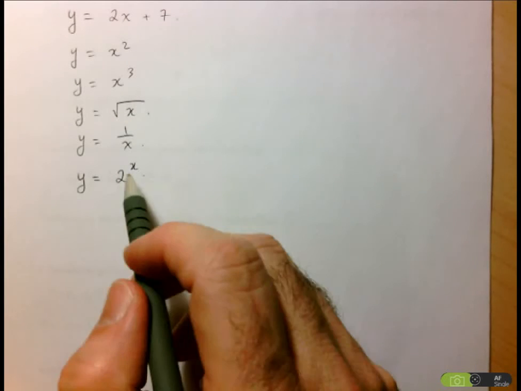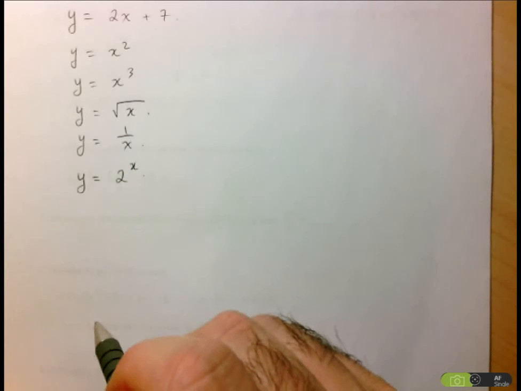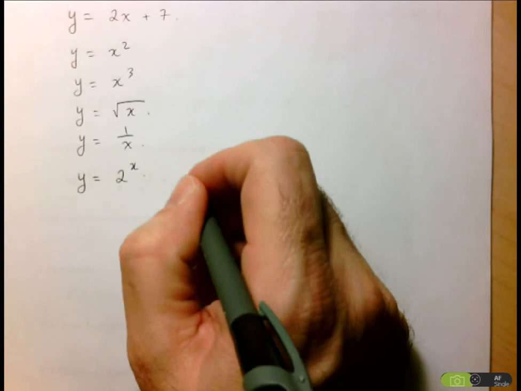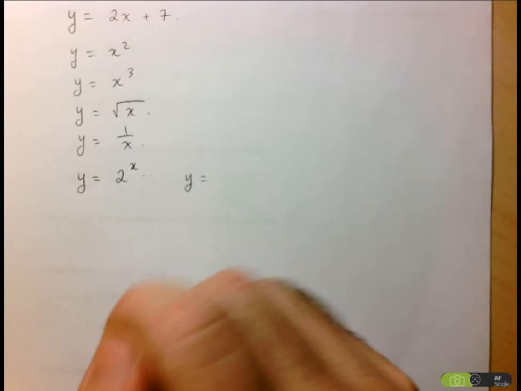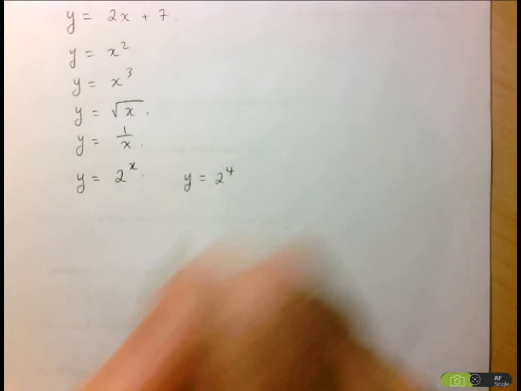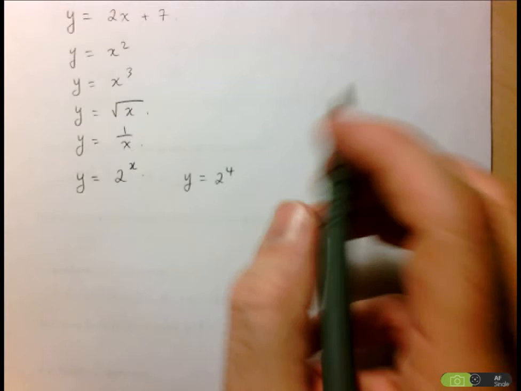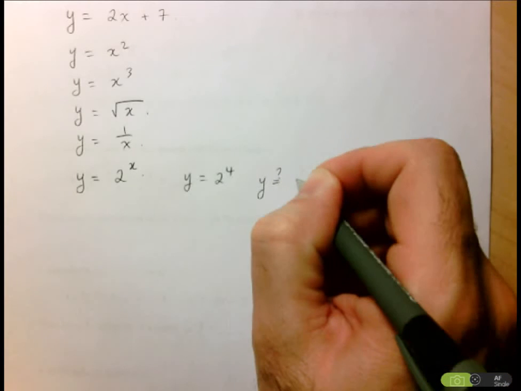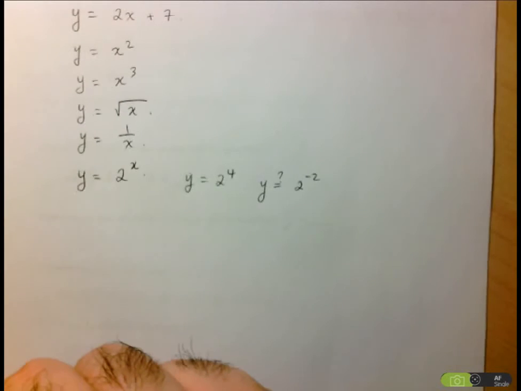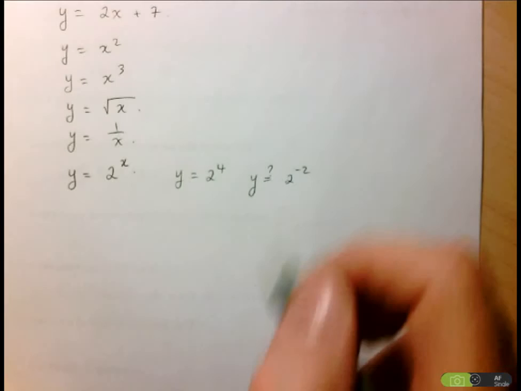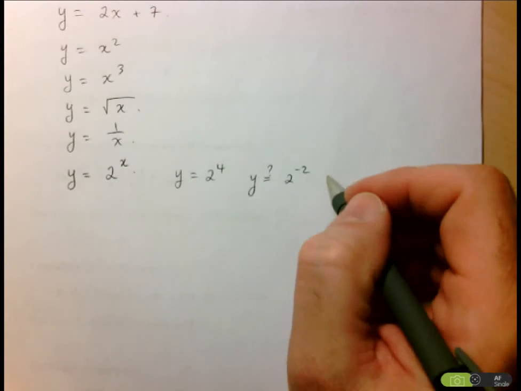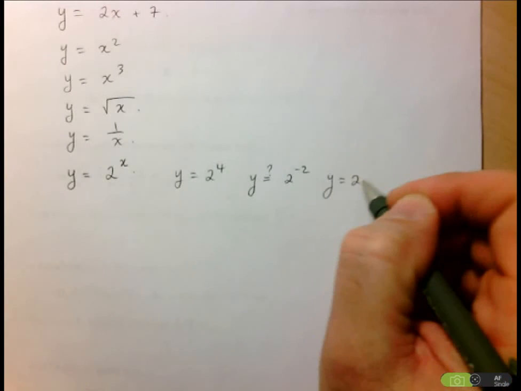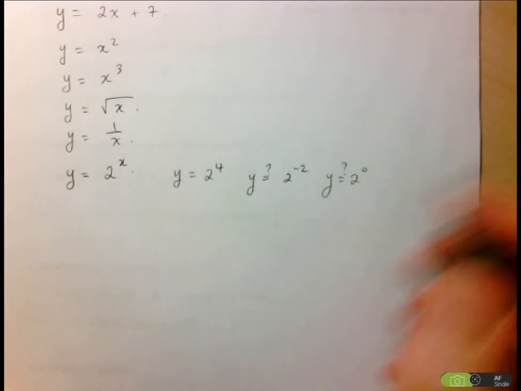Now this isn't a problem when x is a positive integer. So if I want to find the value when x is equal to 4, that's not a problem. But what happens when x is equal to negative 2? Okay, what does it mean to take a negative exponent of a number? Or what about even exponent 0?